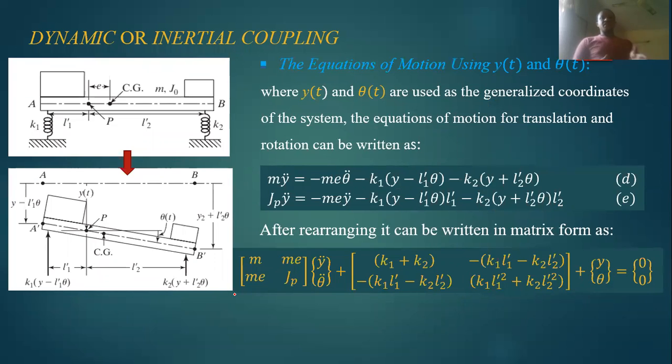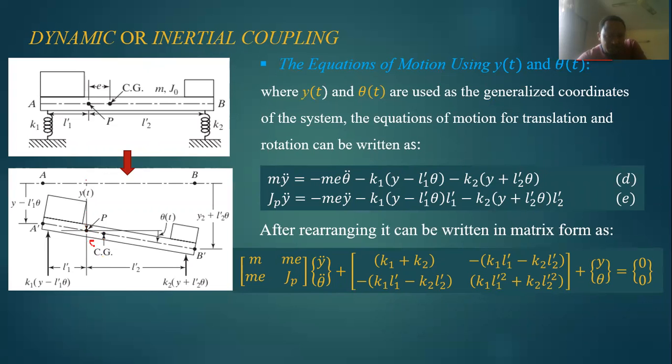What do we mean by dynamic or inertial coupling? In this case, let's see the equation of motion using y of t and theta of t. What is that y of t? We have y of t from here to here. Our CG is here, but there is a shifted position at some eccentric distance e from here.